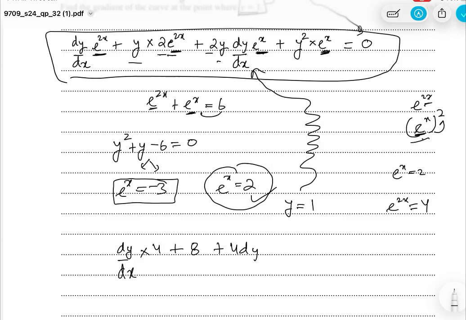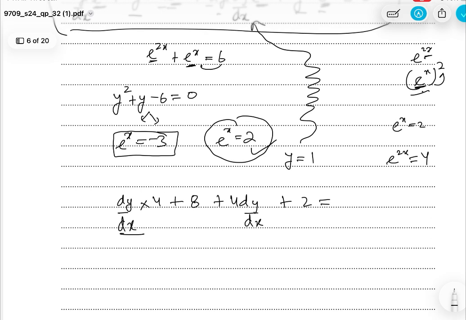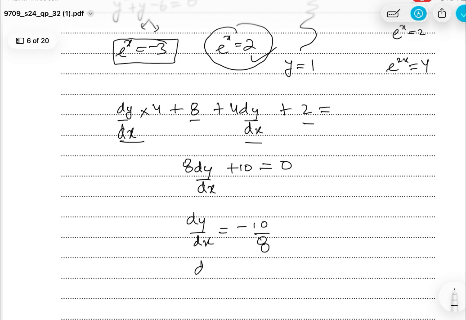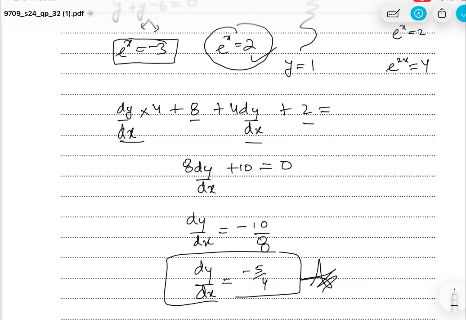So 4 dy over dx plus 1 times 2 is 2 equals 0, learners. Very good. Now by solving this, 4 dy by dx plus 8 plus 2 is 10 equals 0. So dy over dx equals negative 10 upon 8, and dy over dx equals negative 5 by 4. This is your answer, learners.